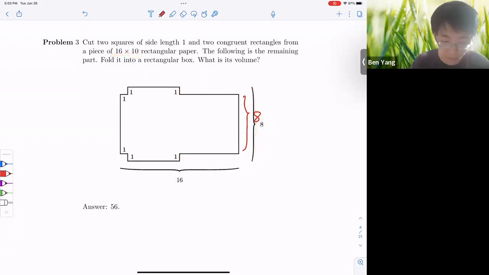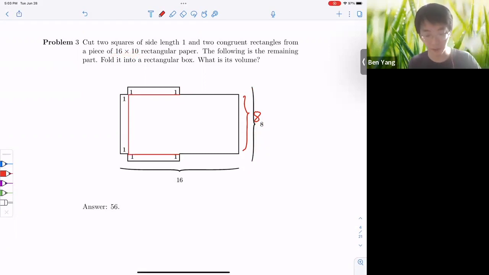Okay, so first of all, we should fold parts of the rectangle up. Some of the rectangles here up to form walls of the rectangular box. Okay. I guess here we have the question, like, what's the length of this part? Let's see. So I guess here we need to make another rectangle.